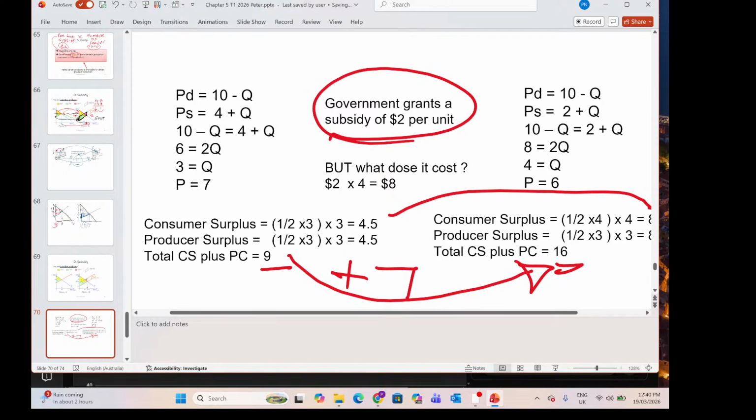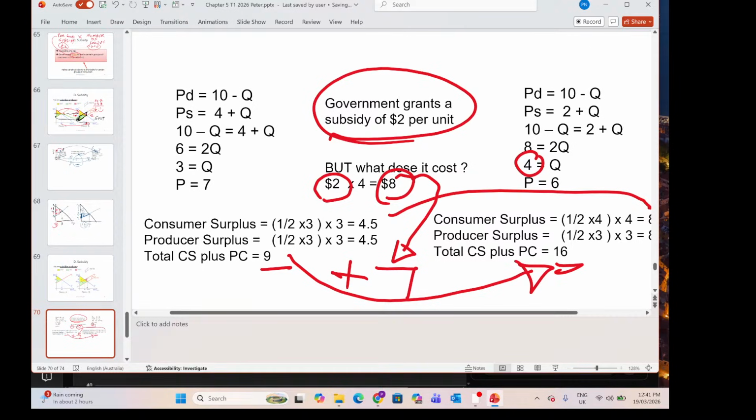Fantastic. Except that, what does it actually cost to provide the surplus? Well, it costs $2 and the new output is 4. There it is over there. So in order to gain 7 units of surplus, someone else had to pay 8.